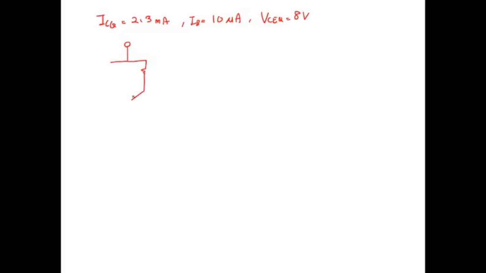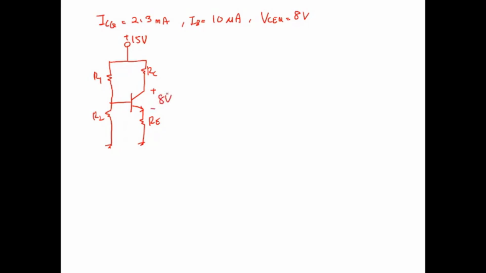So we have the BJT here, RC, RE, and then R1 and R2. VCC is 15 volt, and you know that the VCE here is 8 volt.